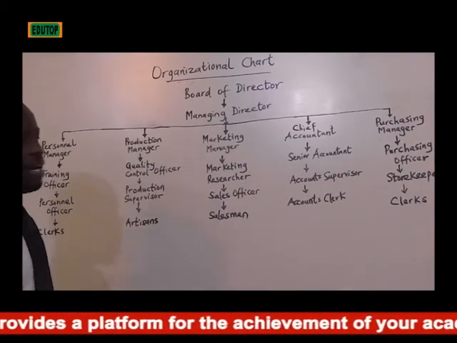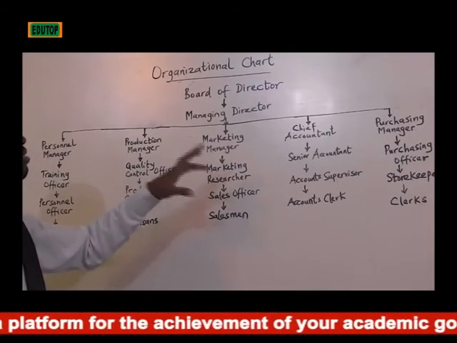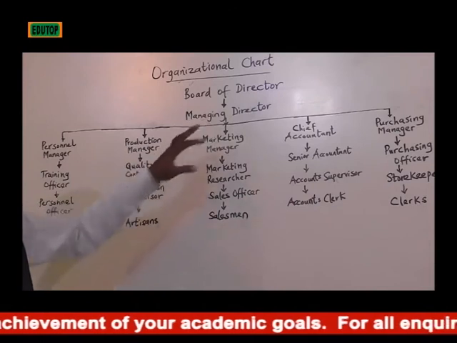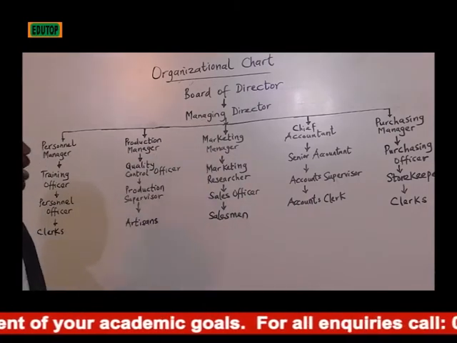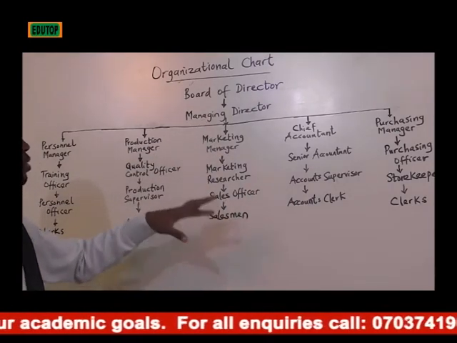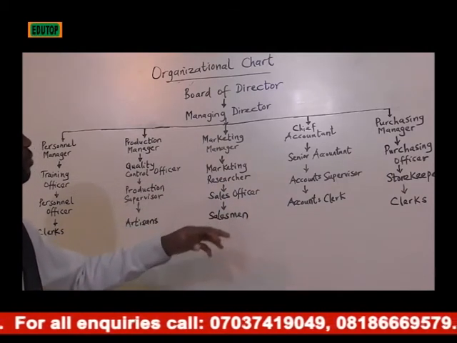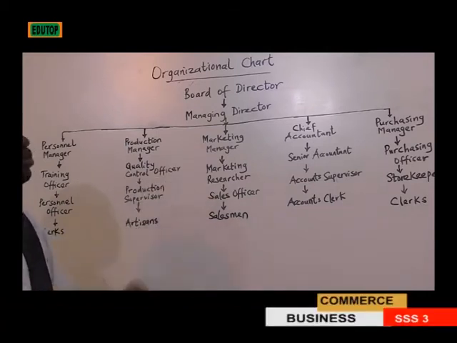Under marketing manager, we have marketing researchers. Marketing researchers are responsible to the marketing manager, while sales officers are responsible to the marketing researchers. The salesmen are responsible to the sales officers.